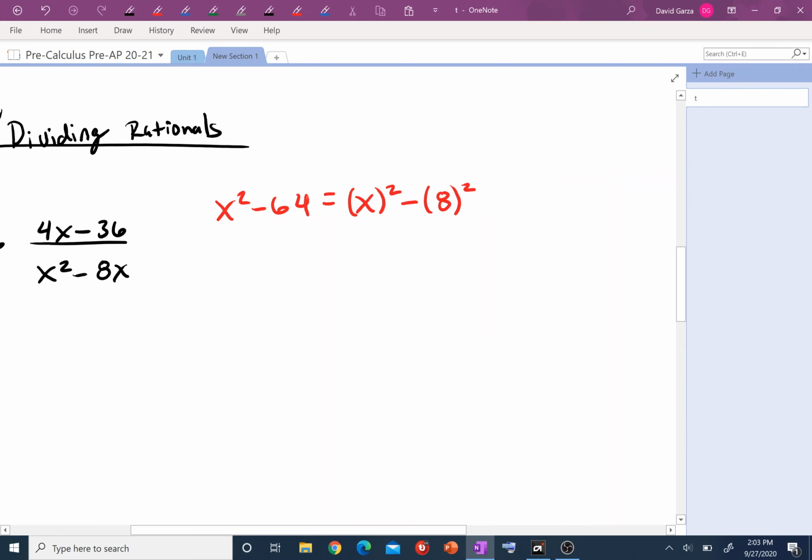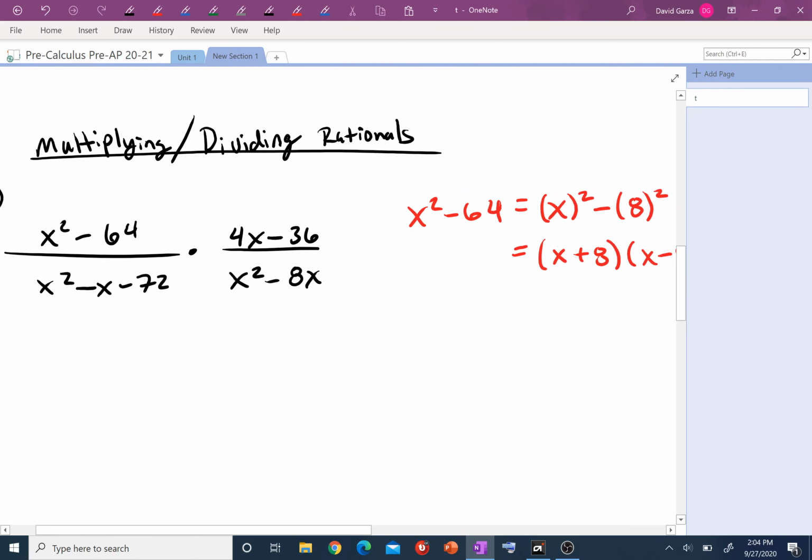So, because 8 times 8 gives me 64, we can use the difference of squares formula, which means that we can rewrite this whole thing as x plus 8 and x minus 8. So that one's easy, right? x plus 8, x minus 8.